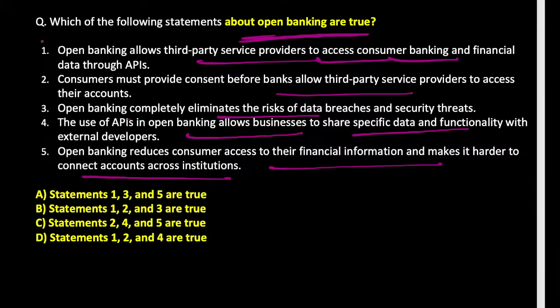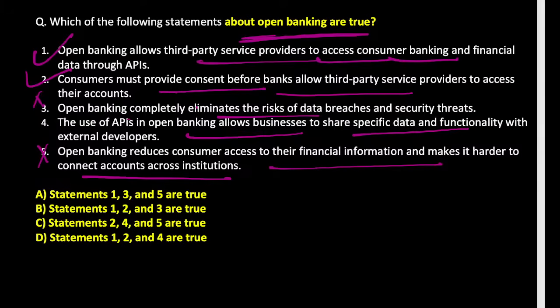Statements 3 and 5 are wrong. First statement, open banking allows third-party service providers to access the customer's banking and financial data through API tools. Then the customer must provide consent before this.